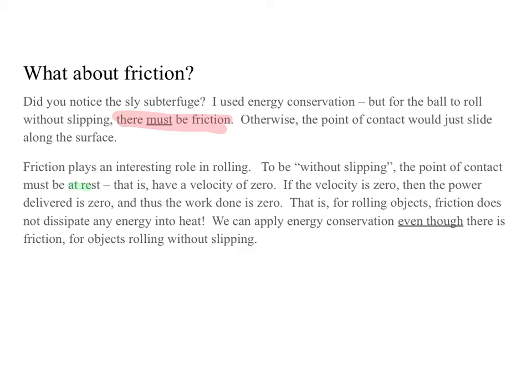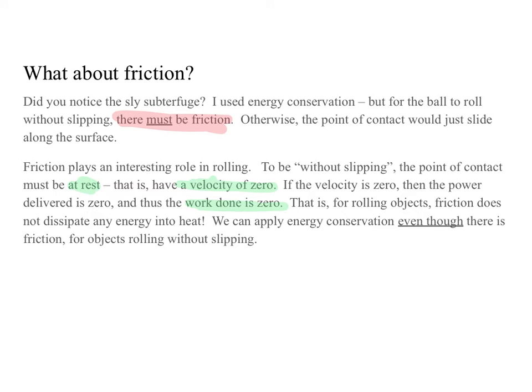That's what it means to be not slipping. But if it's at rest, it has a velocity of 0. And if the velocity is 0, then the power delivered by friction is 0, because the power, remember, is F times v. And so the work done by friction is 0. So for rolling objects, friction does not dissipate any energy into heat. We can apply energy conservation even though there's friction.